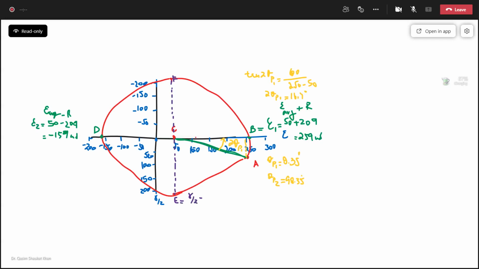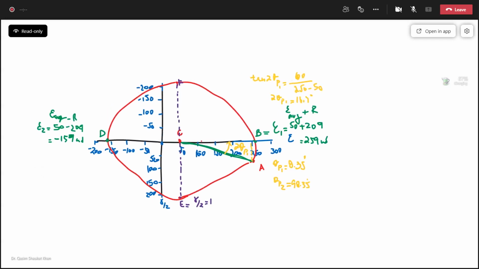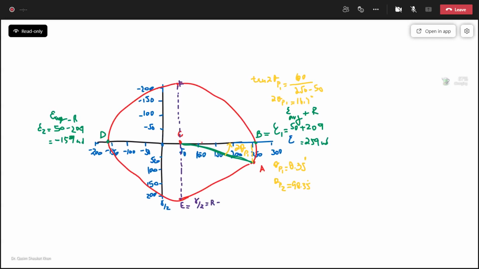Gamma by 2 is equal to basically just the radius, 209. और gamma कितना हो जाएगा आपका maximum in plane shear strain? Gamma is 209 into 2, 418.